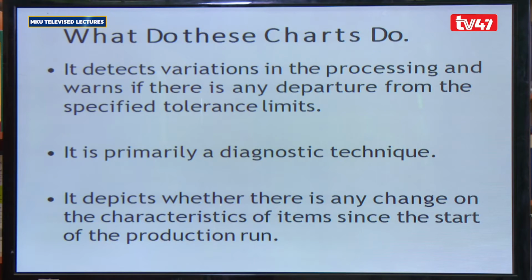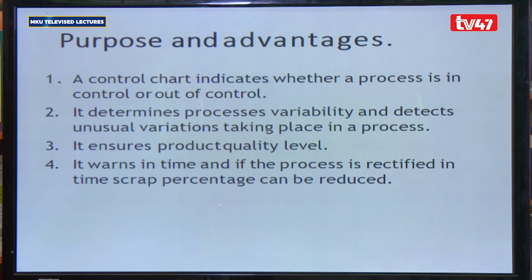So we can simply say that control charts are used primarily as a diagnostic technique. It depicts whether there is any change in the characteristic of the item since the start of the production line.